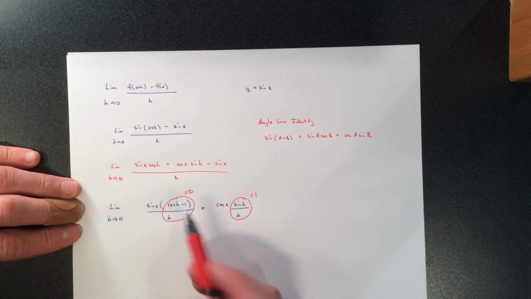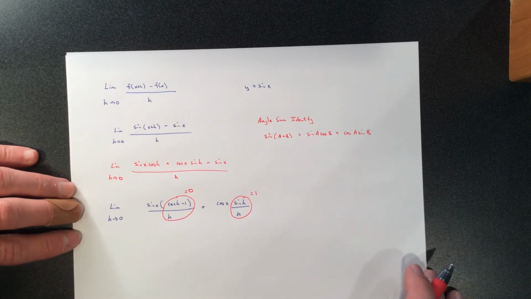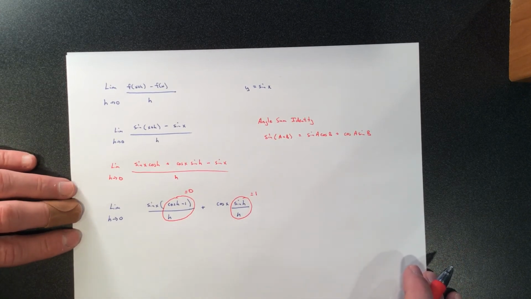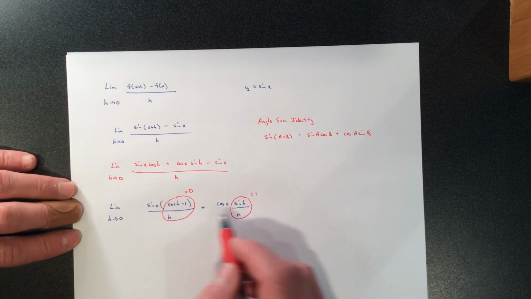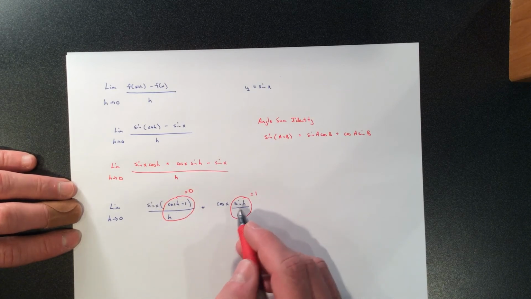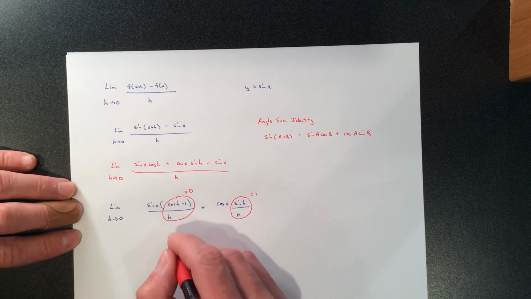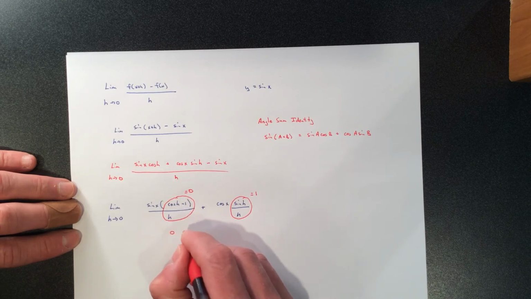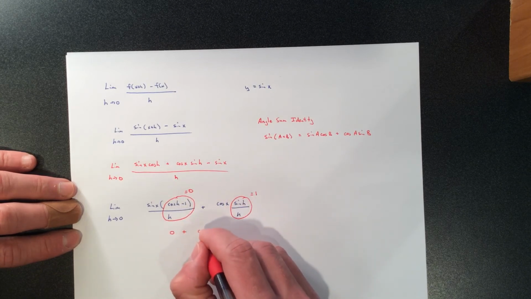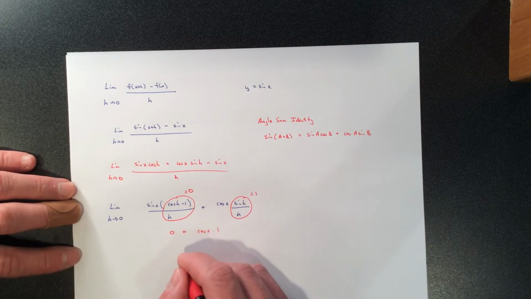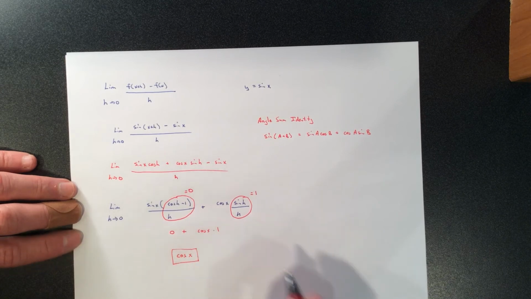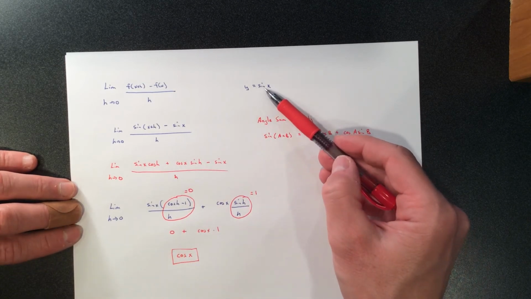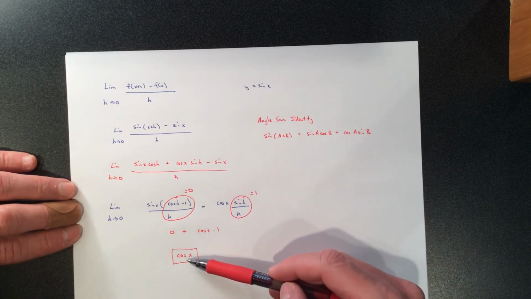And again, those two you hopefully looked at in a previous video or a previous section before you ended up looking at the derivatives. Those limits are 0 and 1, and so then sine x times 0 is just 0 plus cosine x times 1 is indeed just cosine x. And so what we just did there is we showed that the derivative of sine x is cosine x.